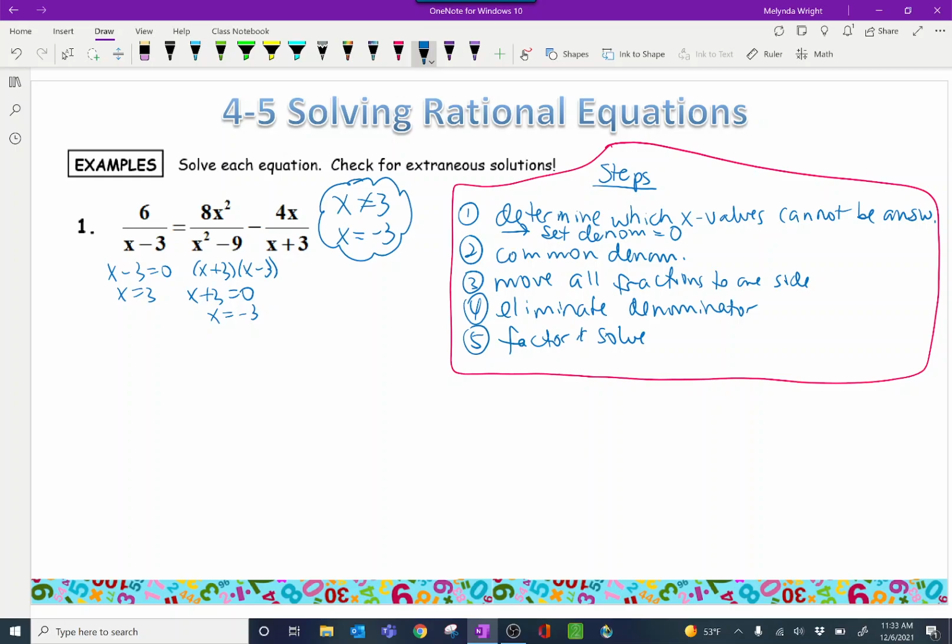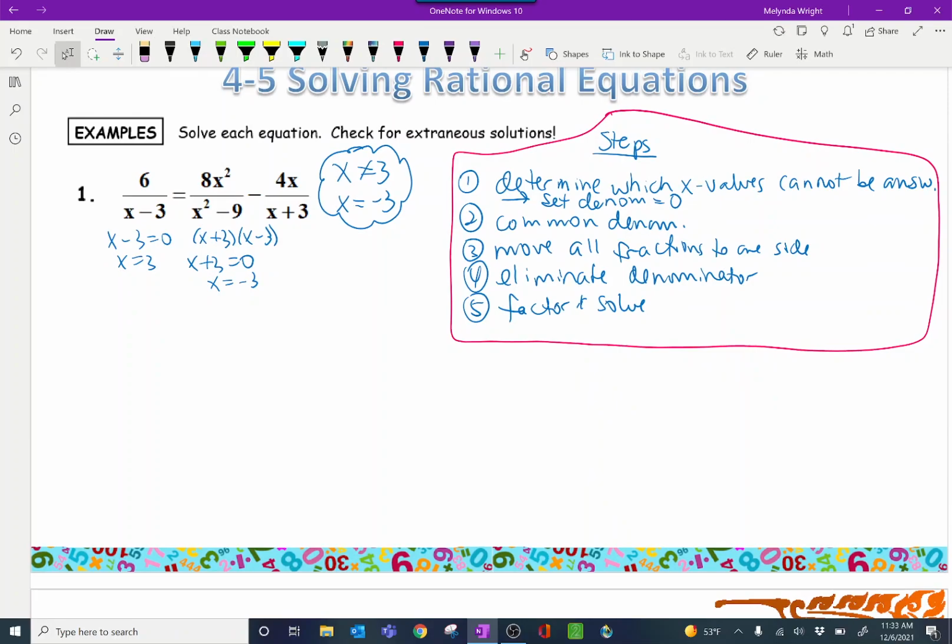Okay, that's step one. Step two, get a common denominator. We've been working on that for a few days now. So I hope we can see that the common denominator would be x plus 3, x minus 3. So I take my first fraction and I'm going to multiply it by, let's see, what do I need? I need x plus 3 over x plus 3.